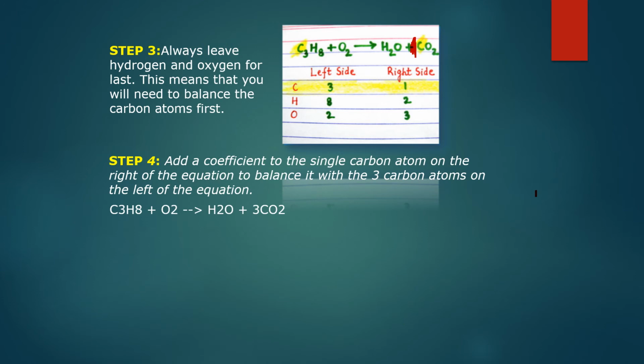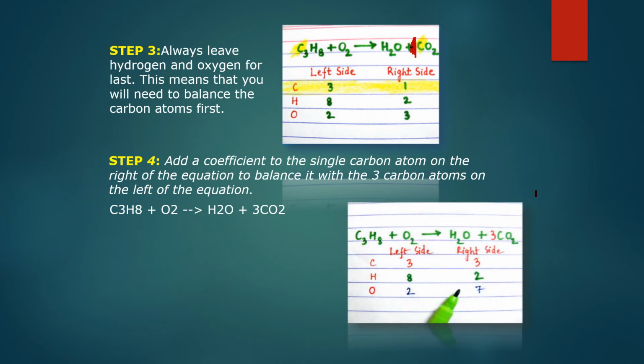So our equation is C3H8 plus O2 giving H2O plus 3CO2. In order to balance the 3 carbons on the left hand side, we are writing the number 3 on the right hand side.